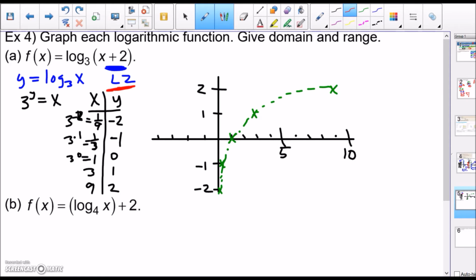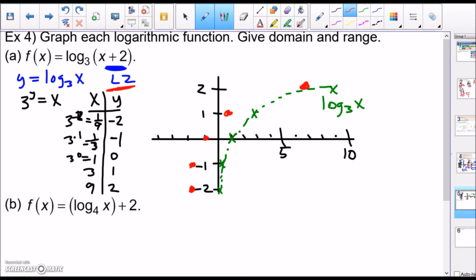So what I have just drawn is log base 3 of x. I'm going to shift all those dots left 2. So this first one, shift it over, put a dot there. And shift over, put a dot there. And shift over, that's right on the tick mark. The other ones weren't on the tick mark. Left 2, dot. Left 2, dot.